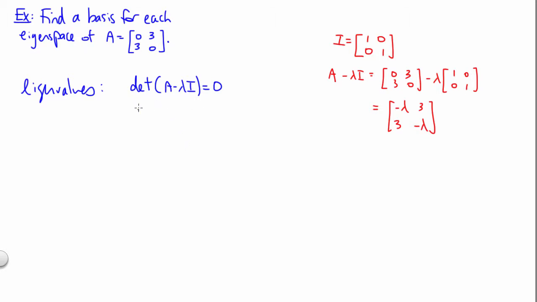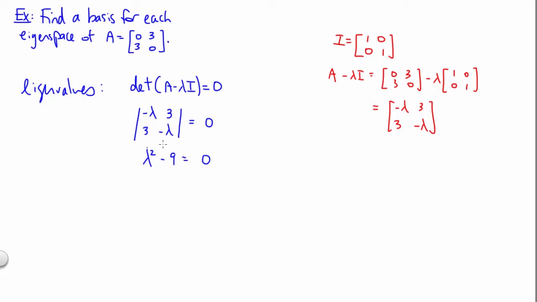So coming back to our calculation here, we're going to take the determinant of the matrix negative lambda, 3, 3, negative lambda, and set that equal to 0. We'll calculate this 2 by 2 determinant in the usual way, just multiplying the entries along the main diagonal. That gives us lambda squared, and subtracting off the product of the off-diagonal entries, so that's minus 9, and that's equal to 0.